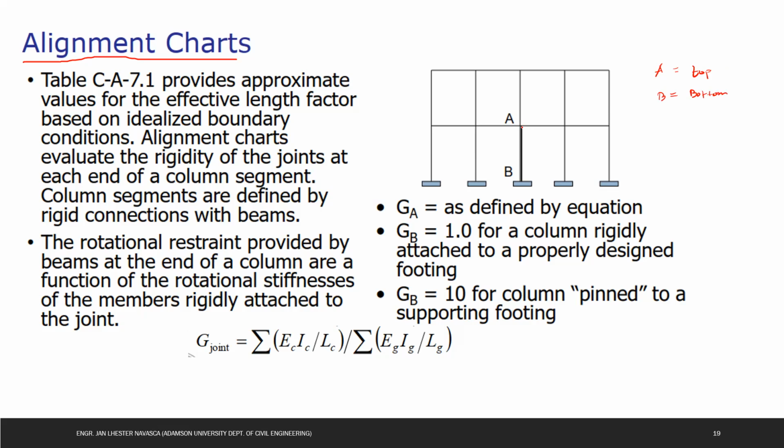Let's say we are considering the effective length of these ground floor columns. Using the formula based on AISC, the G at the joint is basically the ratio of the summation of EI over L of columns and the summation of EI over L of beams.